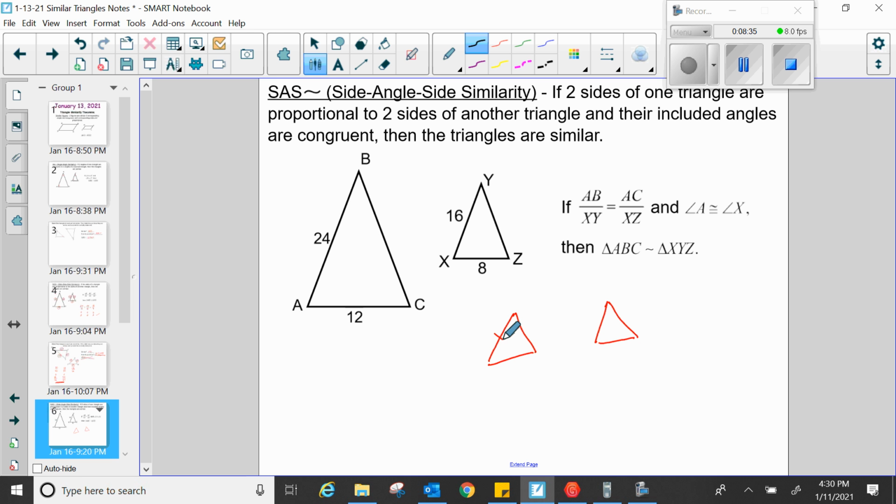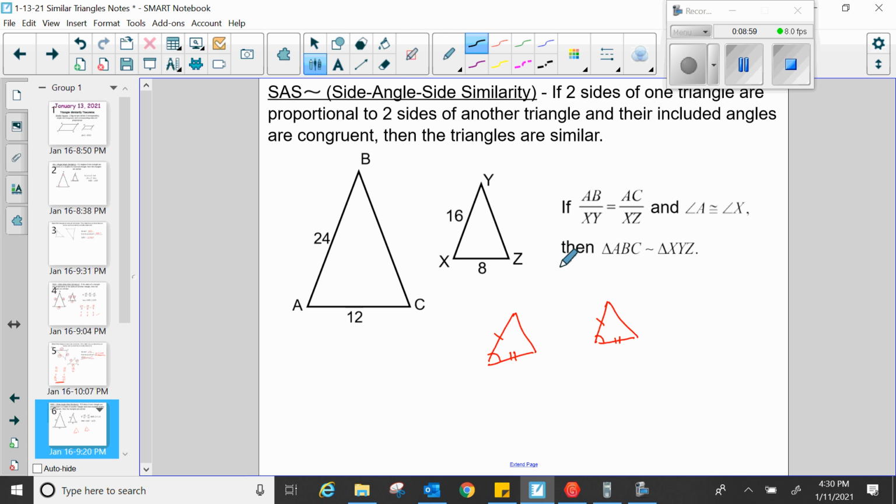It said if I had one side congruent to one side on another triangle, and then another 2 sides congruent, and if the included angle, remember included angle means the one in between the 2 sides, if that included angle is also congruent, then they're congruent triangles by side angle side. But here's how the similarity one is different.